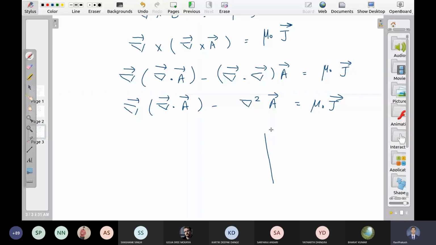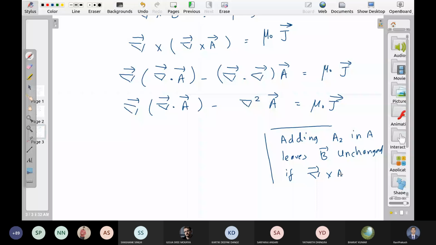Let me add A2 in A, leaves B unchanged, if del cross A2 is equal to 0.